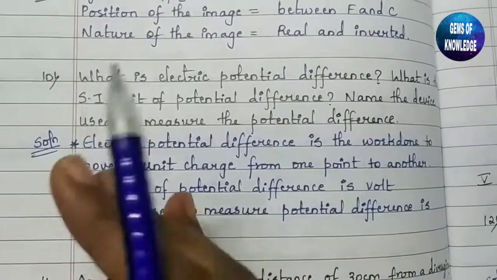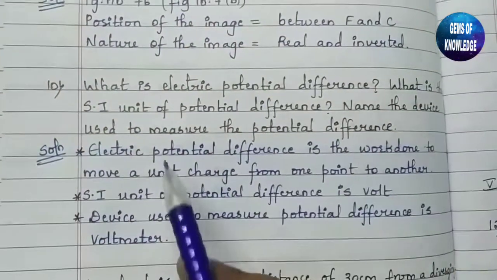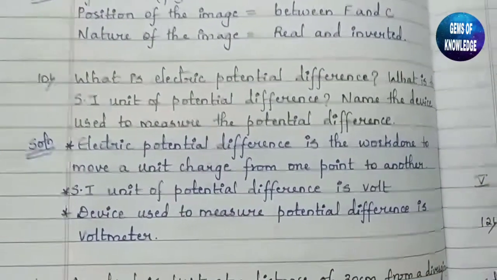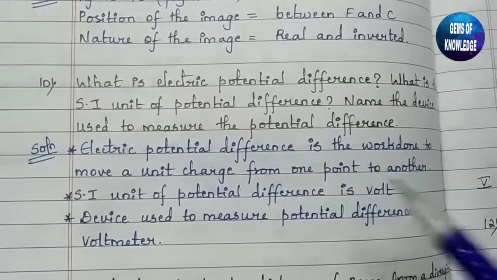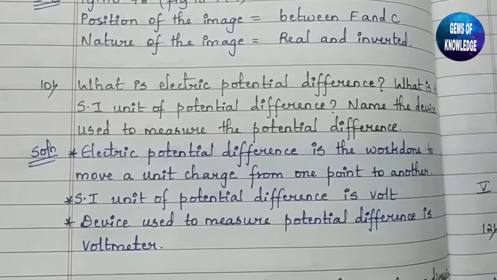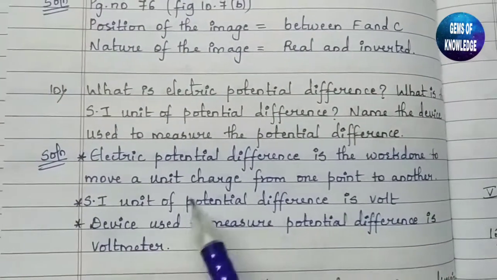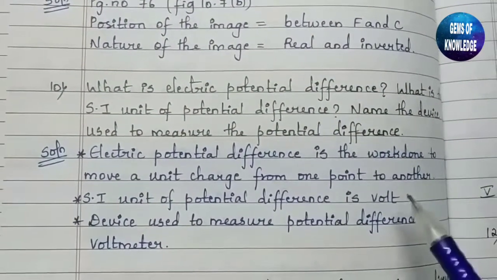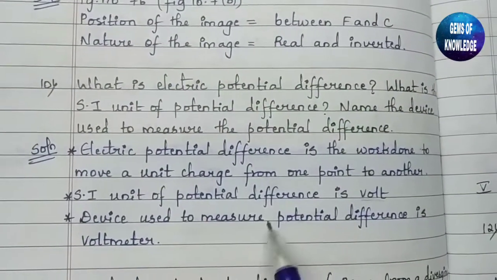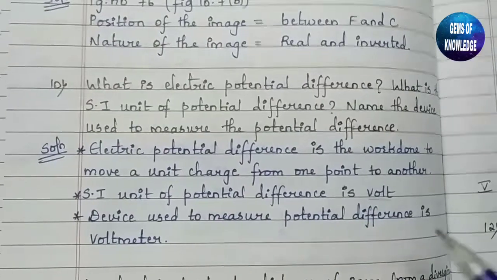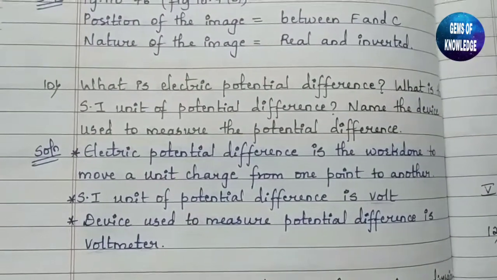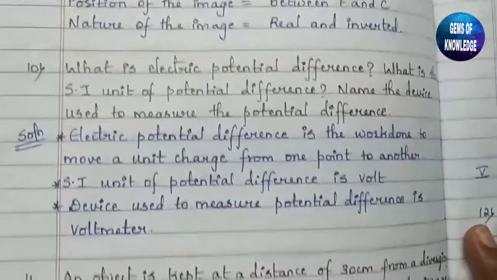Electric potential difference is the one which does the work of moving a charge from one place to another place. The SI unit of potential difference is volt. And the device used to measure the potential difference is called a voltmeter.